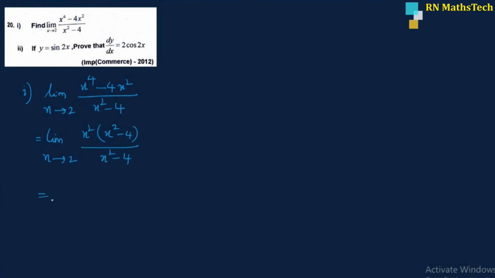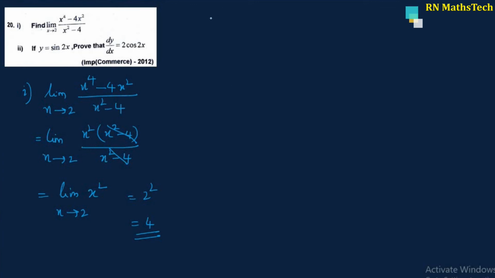Okay, that is limit x tends to 2, x square minus 4 gets cancelled. Limit x tends to 2 x square, which is equal to 2 square, so that is equal to 4.